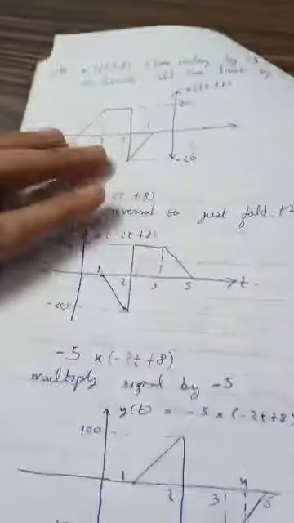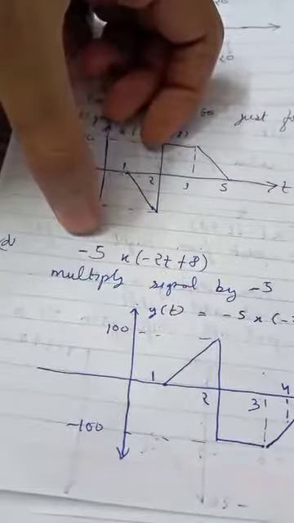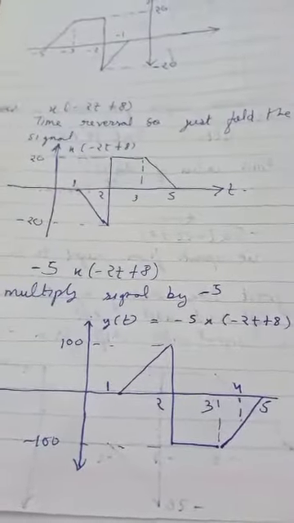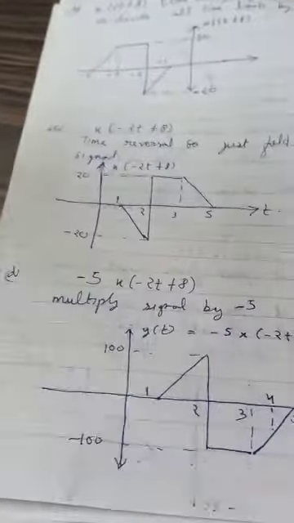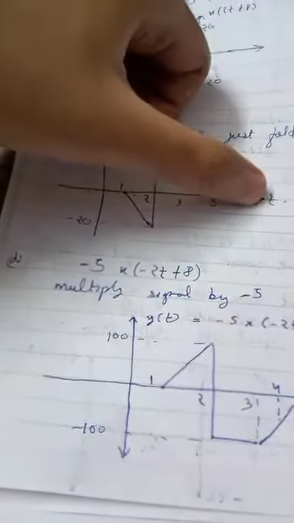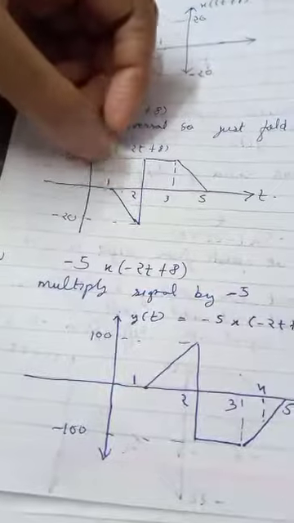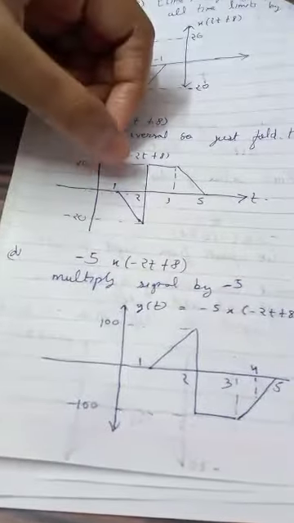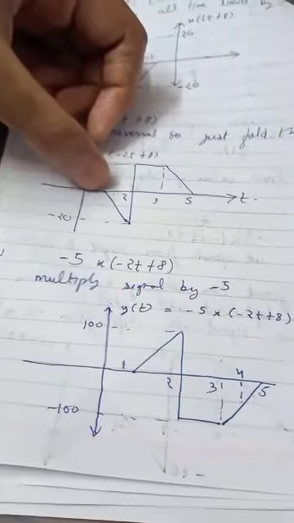Now the next operation is minus 5 of x of minus 2t plus 8. So we have to multiply the signal by minus 5. There will be no change in the time values, only the magnitude values at all of these times will change. The magnitude at 1 is 0, so it will remain 0.